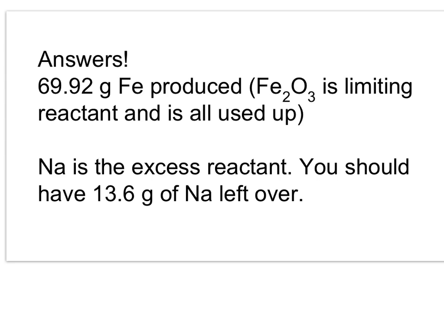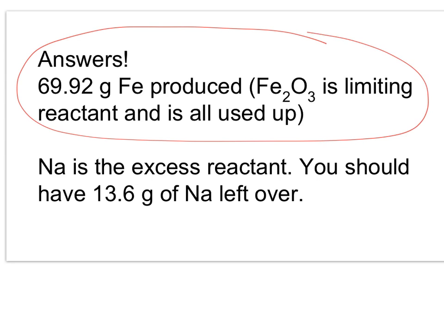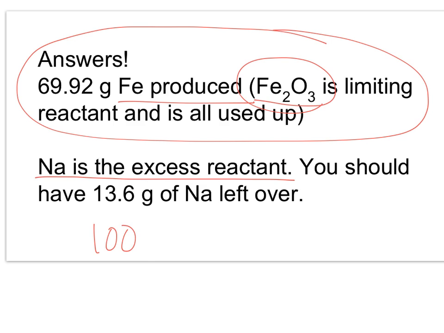Did you get it right? So you should have gotten that 69.92 grams of iron is produced, and that your iron 3 oxide was the limiting reactant. That means the sodium is the excess reactant. So you needed to calculate how much of that you would actually use and subtract it from the 100 grams that you had.